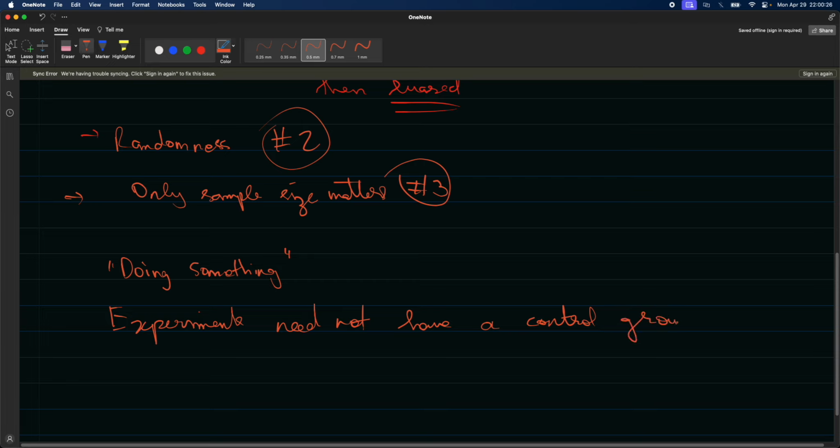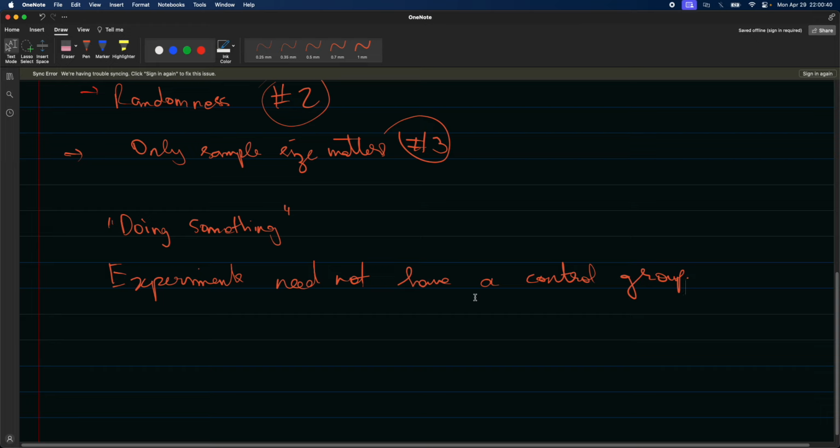A control works like this: you would give a treatment to someone, but you wouldn't give a treatment to another group, and then you would measure whether that treatment is really effective. But the questions will be like, is this an experiment? And if it doesn't have a control group, that does not stop it from being an experiment. If you're doing something to someone, it's still an experiment. So don't be confused by this.